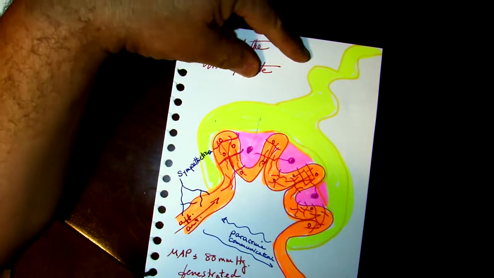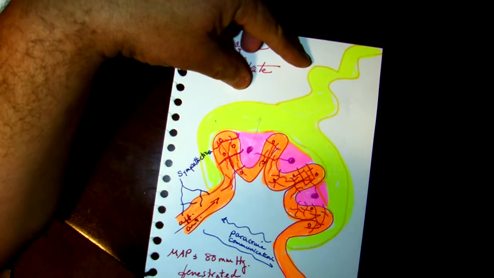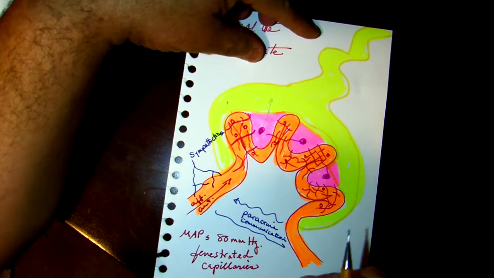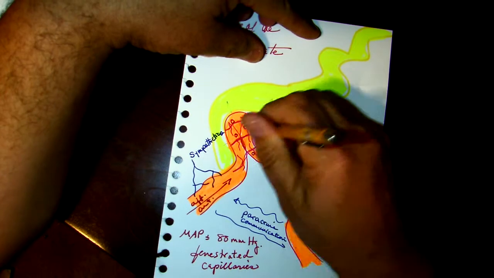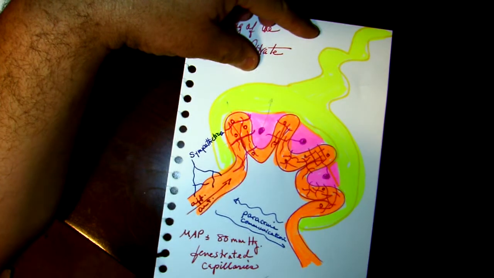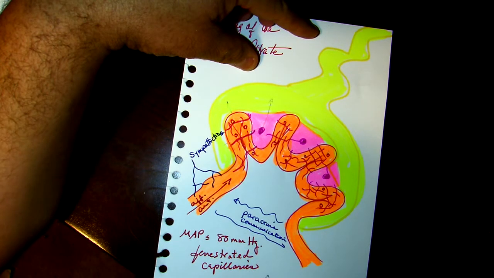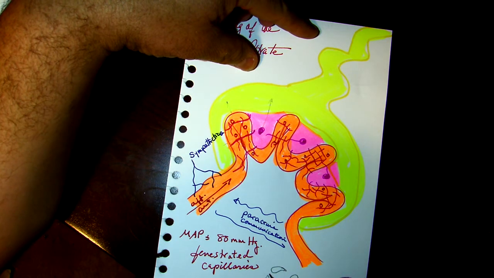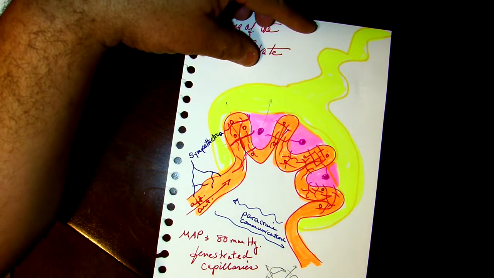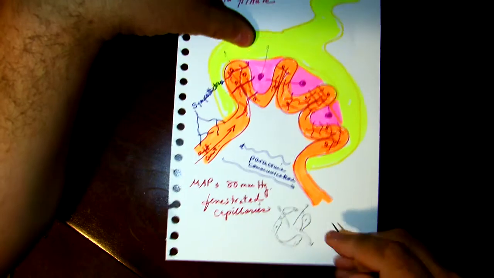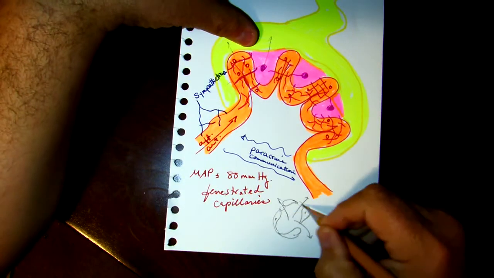So what happens? If you were to take a cross section of the capillary, one would see that first of all, these capillaries are highly fenestrated. There's a lot of big spaces here, which then will allow for a lot of diffusion in the walls.